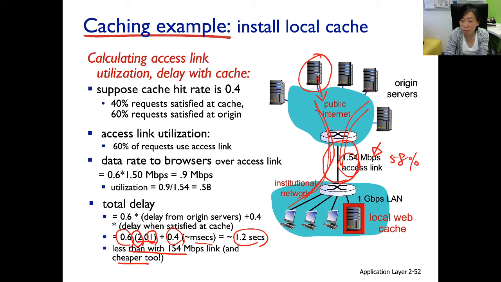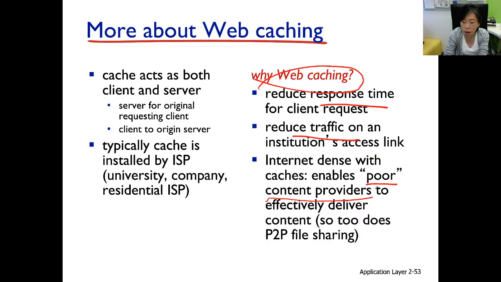Then reducing the amount of traffic going this way also saves poor content providers some resources, some money. So web caching also helps poor content providers to deliver content. This could be a good thing because most NGOs might also have information to disseminate, but they couldn't provide good uplink bandwidth.